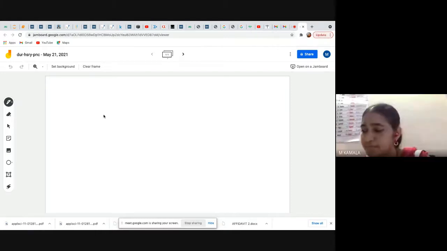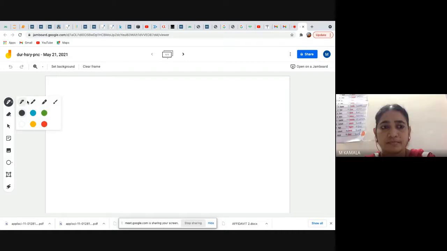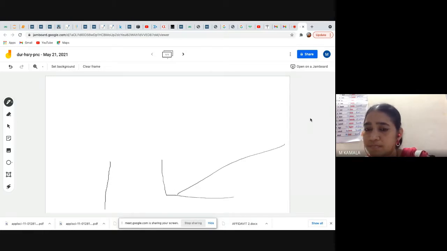Can you see my screen? Yes, ma'am. So if you take a line like this, and you have some points on this line, what do these values represent here?